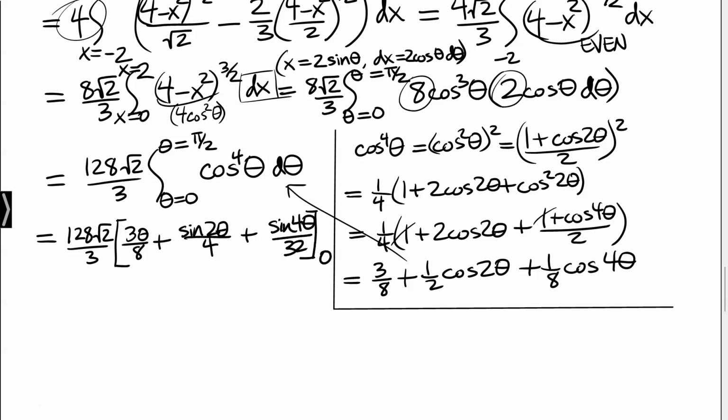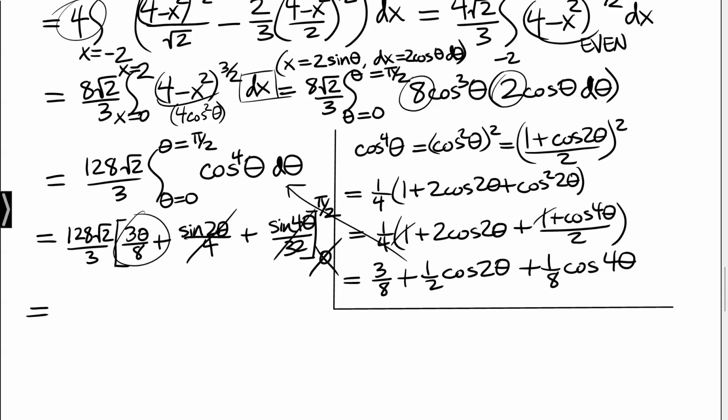And this is all evaluated from 0 to pi over 2. Notice 0 goes away because we get sine of 0, which is 0. And in fact, these two go away as well, because the second term would be sine of pi, the third one would be sine of 2 pi, and the sine is equal to 0 at any integer multiple of pi.